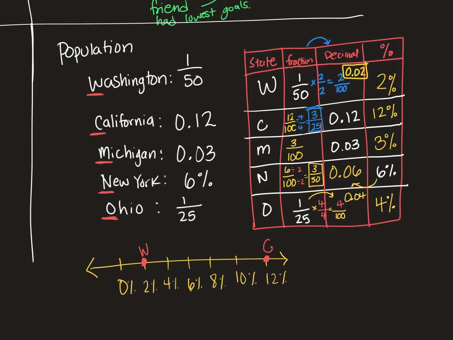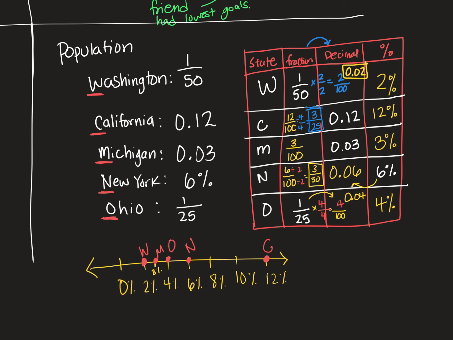Michigan is at 3%, so that's going to be between 2 and 4. That's going to be the state of Michigan. Then New York is 6%. And the last one is Ohio at 4%.